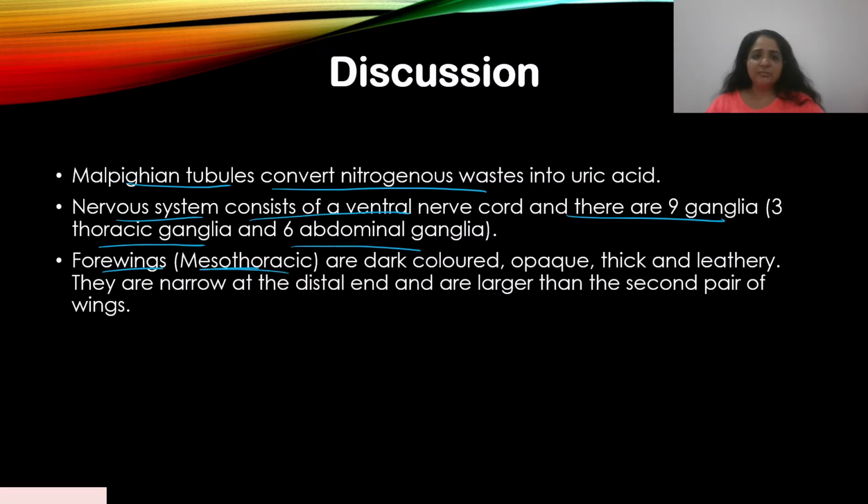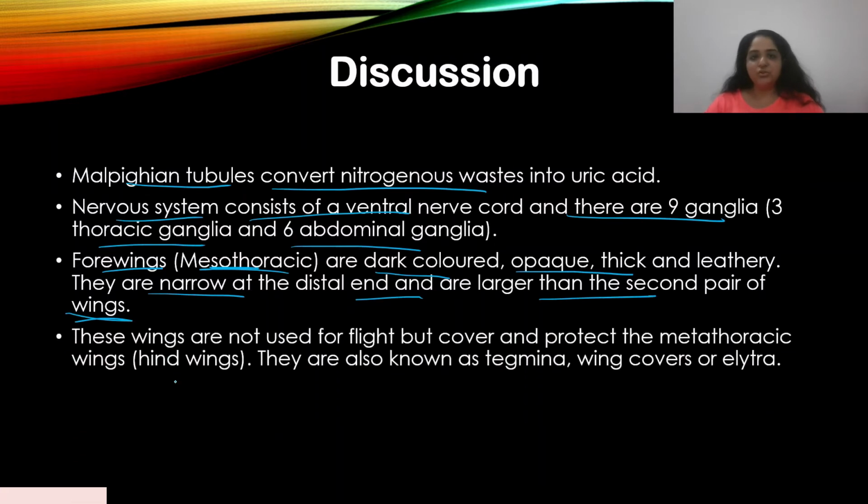The forewings are also known as mesothoracic wings, and are dark colored, opaque, thick, and leathery in structure, and they are narrow at the distal end and are larger than the second pair of wings. That's the metathoracic wings, the hind wings. These are larger, but they are not used for flight.